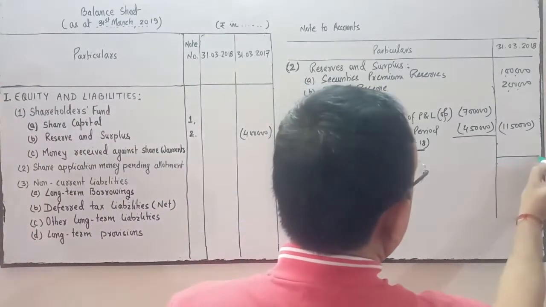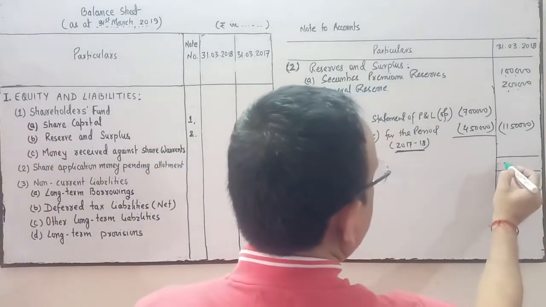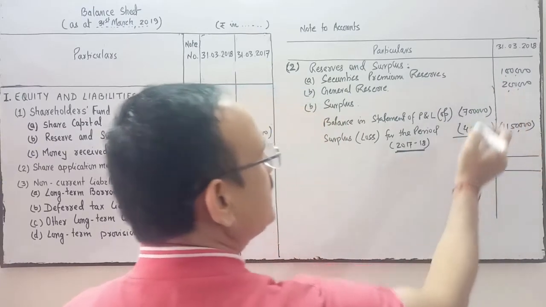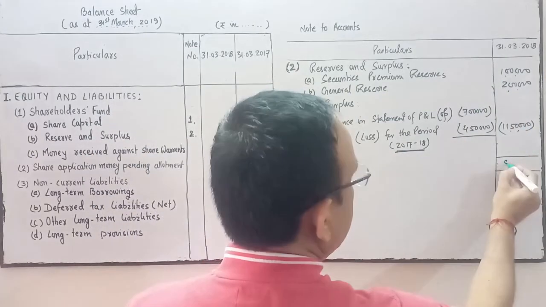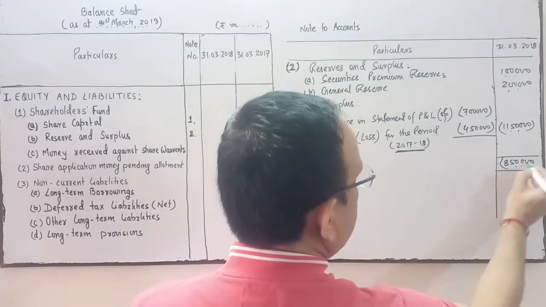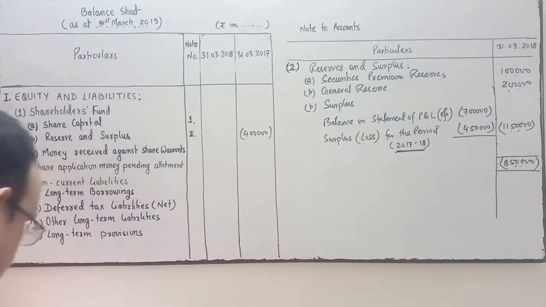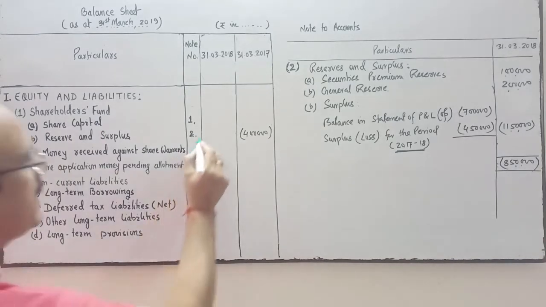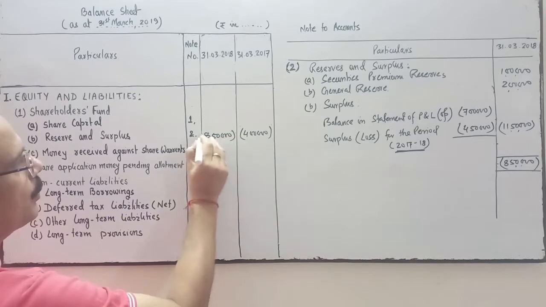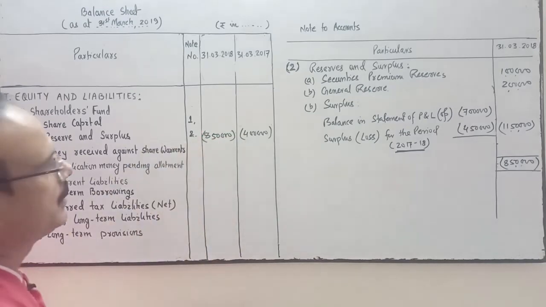Now we will do the total. 11,50,000 is a negative figure, minus 3 lakh. So it is 8,50,000 minus. So this 8,50,000 will be reflected over here in the note number 2.